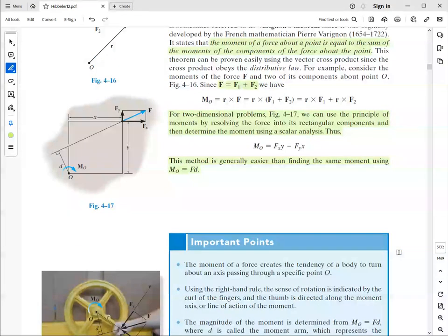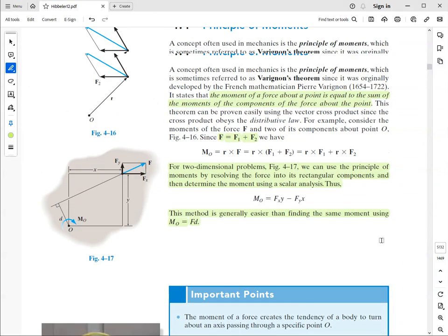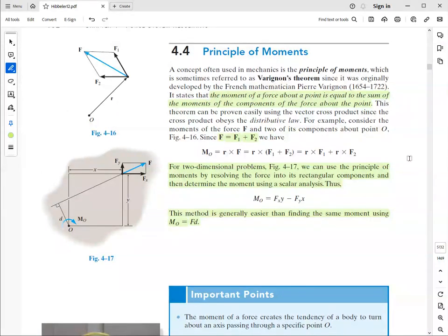And it's really the principle of moments here, Varignon's theorem. Varignon's theorem is presented here for the two-dimensional case, but can be extended to three dimensions. And the components can be other than orthogonal, really.